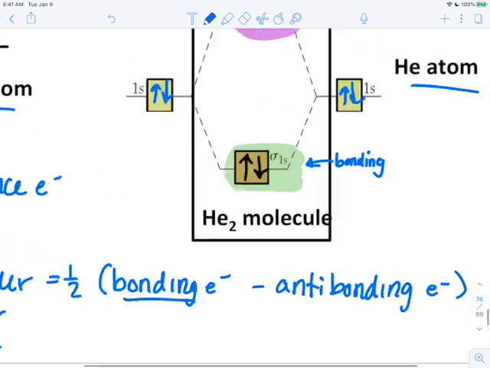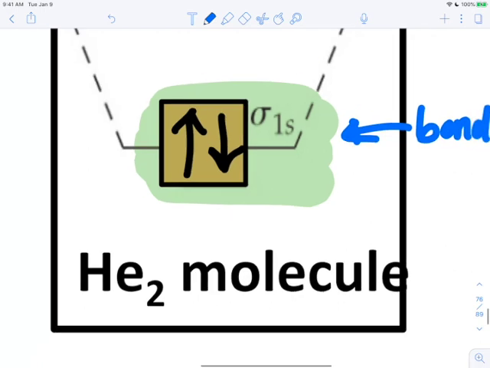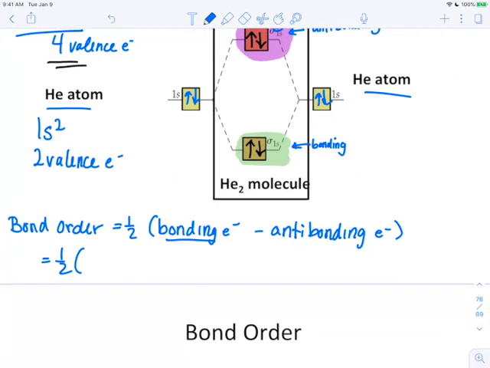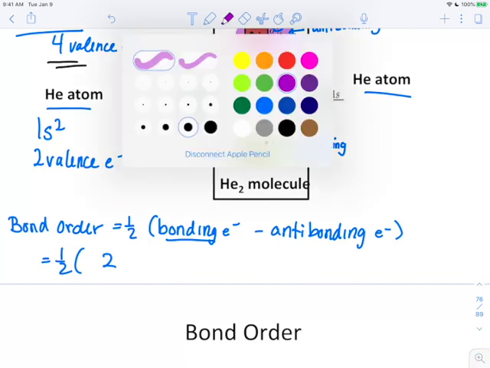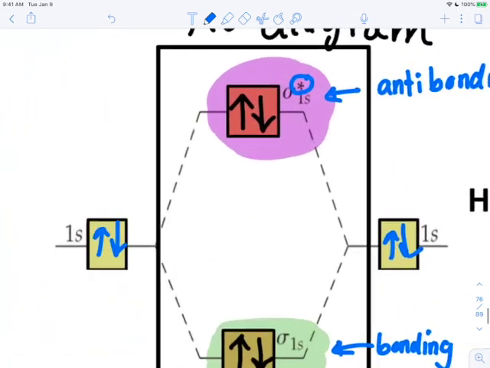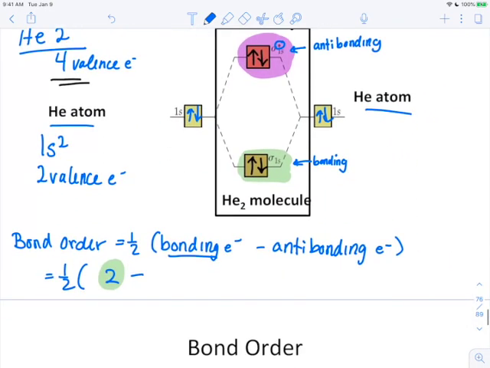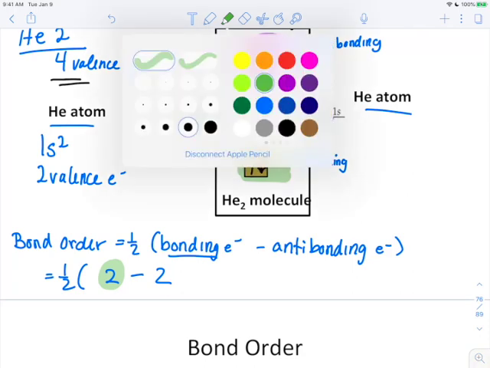So if I zoom in here, there's 2 arrows, that means 2 electrons. I'm going to go ahead and color code this just so we can find it later. All right, then I go up to my antibonding, and I see that we have 2 electrons in here. So I'll put another 2 here, and I'll color code.